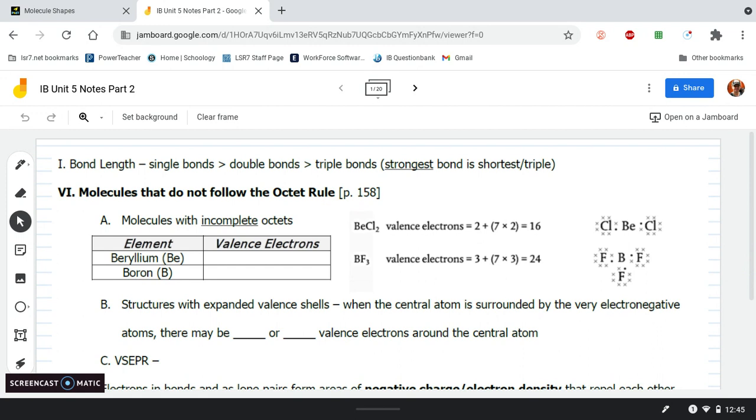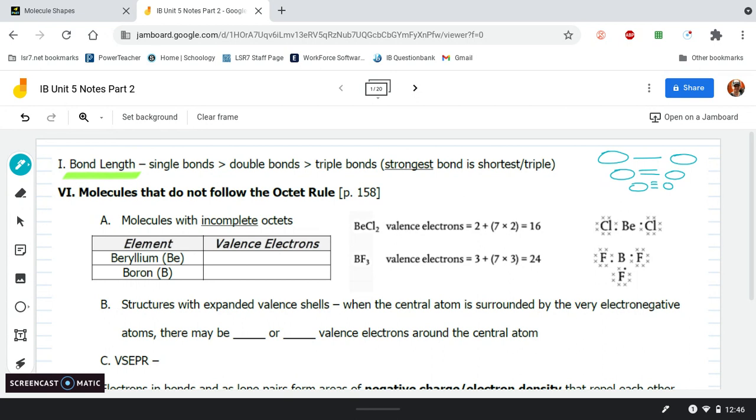But there's this one piece in the notes that I do need to change at some point, and it's really small, but it actually does show up on the test. So we need to pay attention to this bond length. The way bond length works is that in the real world, when you have a single bond or a double bond or a triple bond, as you get more bonds, they're actually shorter and they're actually stronger.